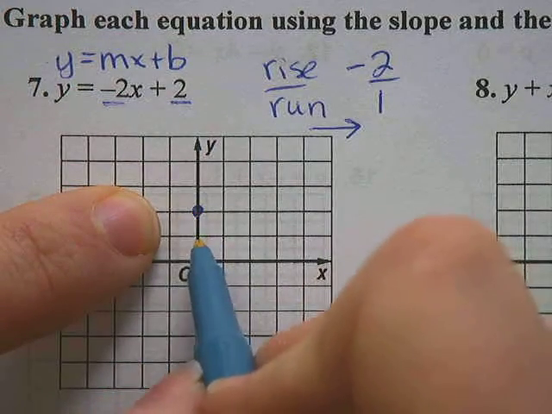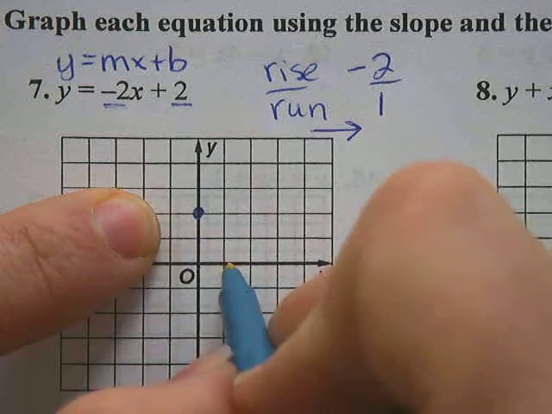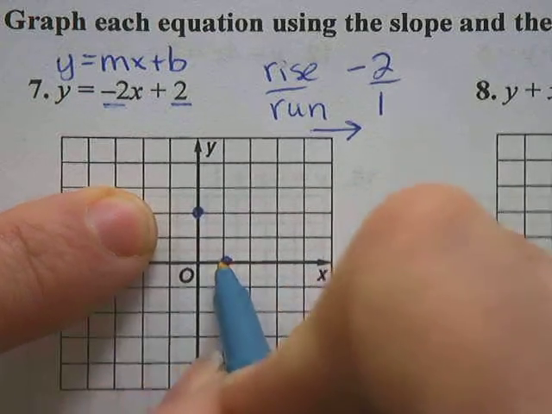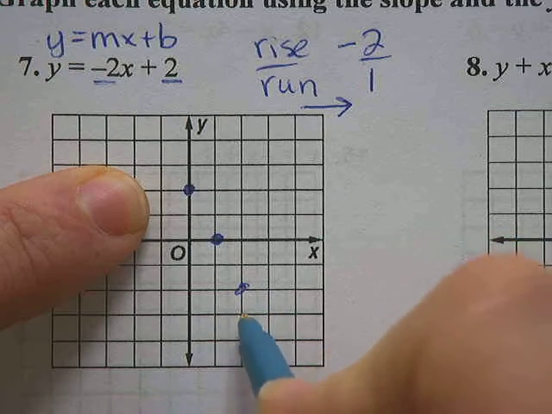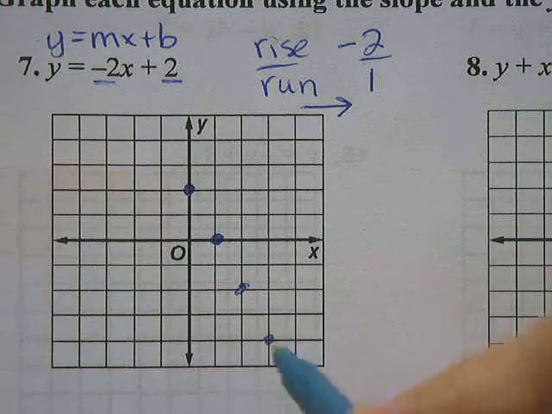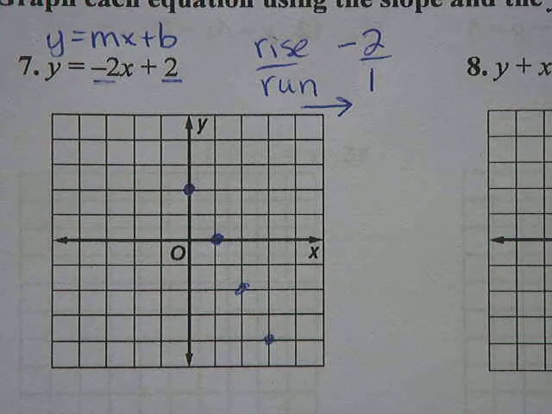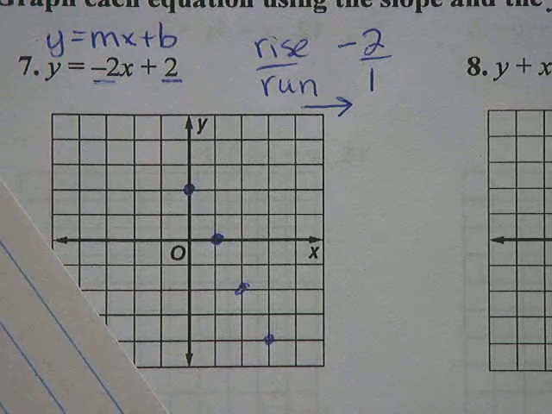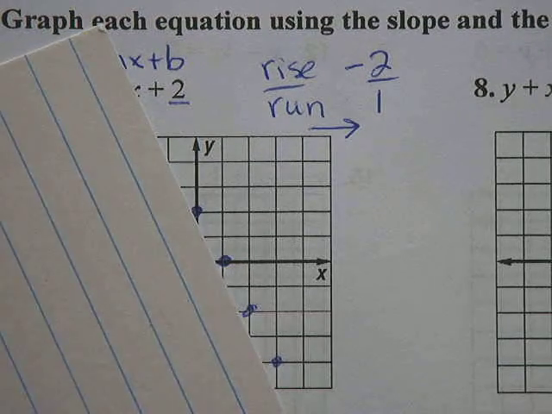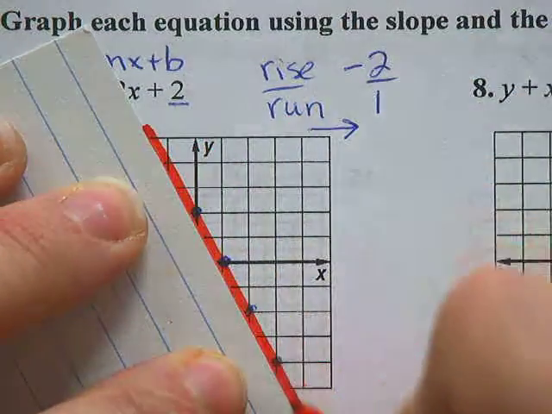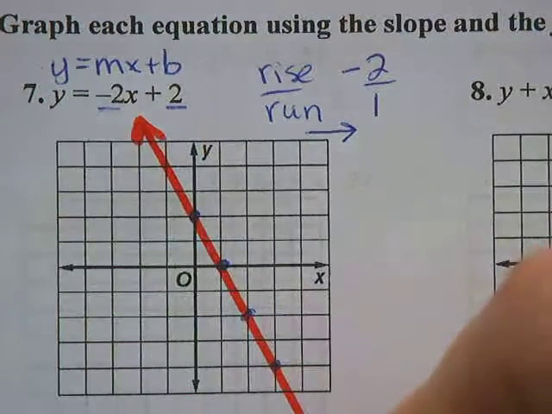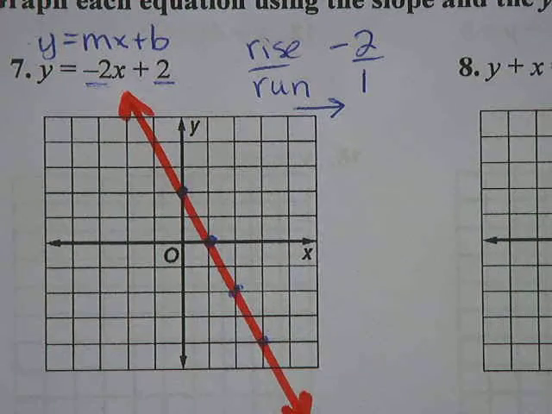So if you look at this point, to rise -2 means we go down 2 and we run to the right 1. And keep doing that. Down 2 over 1, down 2 over 1. You should notice that these fall into a straight line pattern. And we've got enough points to use a straight edge to connect the dots. And there's our linear equation.